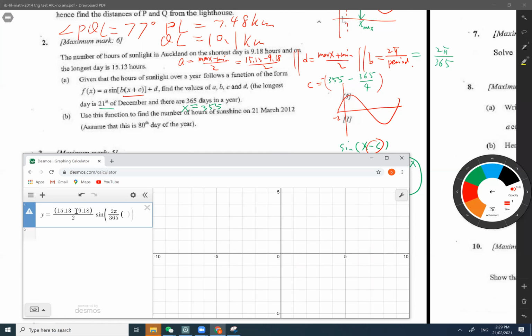Bracket x minus 355 minus 365 divided by 4, and plus D. D is the sum 12.155, 9.81 divided by 2.